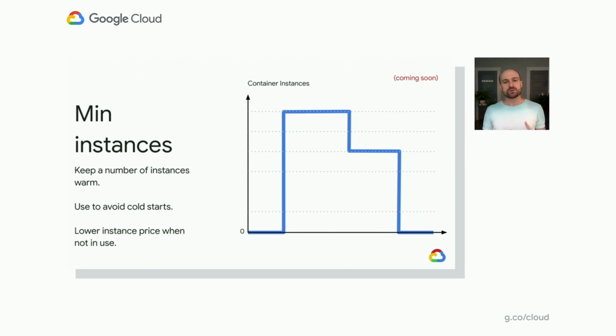With min instances, you can say, hey, I want a minimum of, for example, 2 instances, always, at any point in time. And when that's the case, Cloud Run will make sure that your number of instances never goes below the number you specified. So that's great for improving performance, notably when it scales down to 0. But the good news is that those instances, when they are not in use, actually are cheaper than active instances.